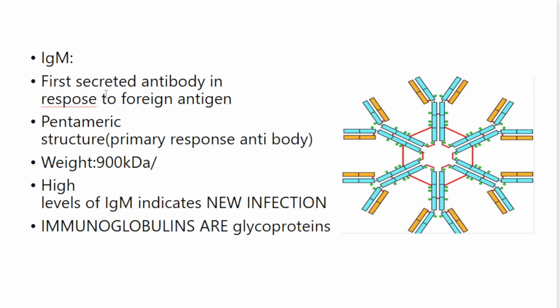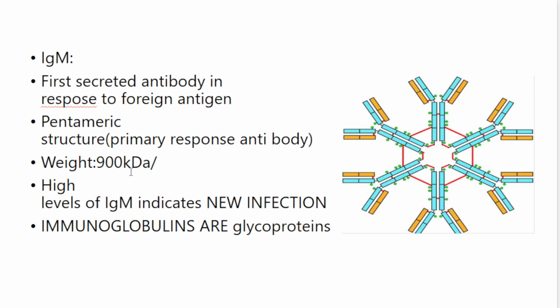IgM is the first antibody secreted in response to a foreign antigen. If any foreign body enters our body, the first immunoglobulin to respond to that antigen is IgM. It has a pentameric structure, and it is the primary response antibody.